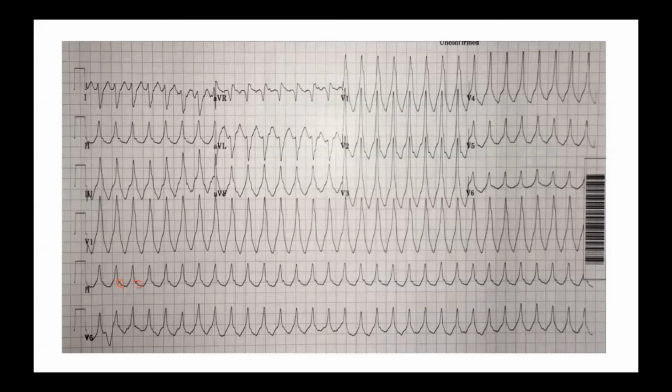Right bundle branch like pattern and positive QRS complex in the inferior leads, so it is superior axis. Superior axis and right bundle branch like pattern, most likely the foci from the. Why superior axis? The LV.